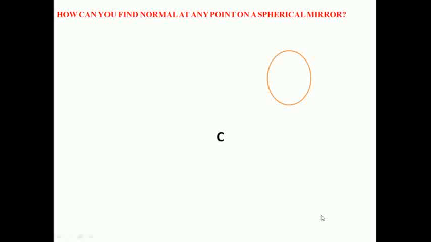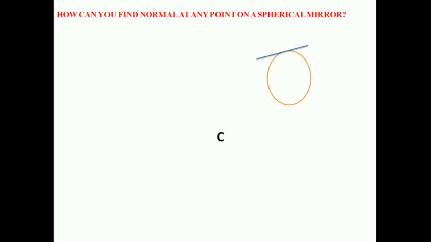Now how can you find normal at any point on a spherical mirror? For that, let us recall a little bit of geometry, that is circles and tangents. A circle is given to you and you are asked to draw a tangent. How do you do it? Now I am taking a point on the circle and I am trying to draw a tangent to this. It is going to appear like this.